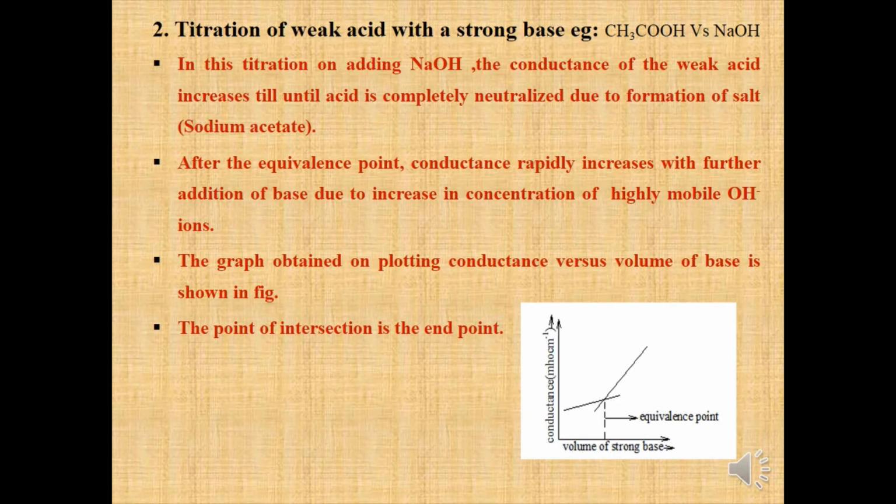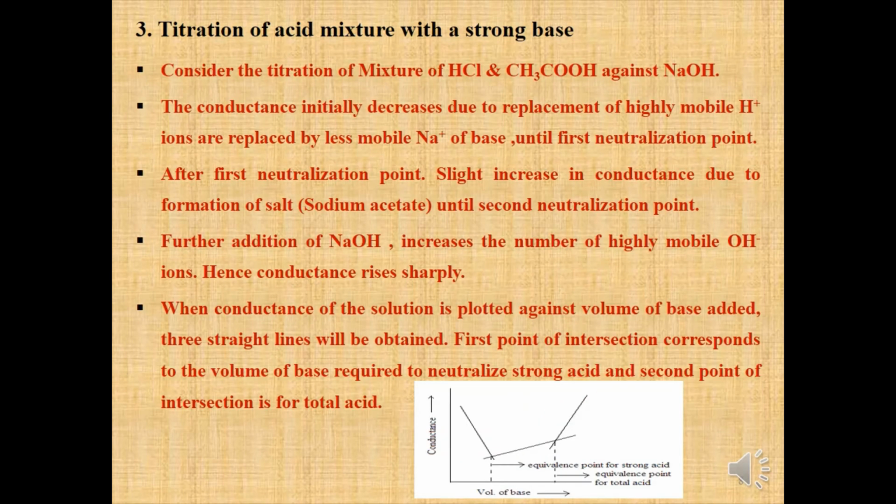The third type of conductometric titration is titration of an acid mixture with a strong base. Consider a titration of an acid mixture of HCl and acetic acid against sodium hydroxide. The conductance initially decreases due to the replacement of highly mobile H plus ion of the acid by weakly mobile Na plus of the base until the first neutralization point. Next, after the first neutralization point, a slight increase in conductance is seen due to the formation of salt sodium acetate until the second neutralization point.